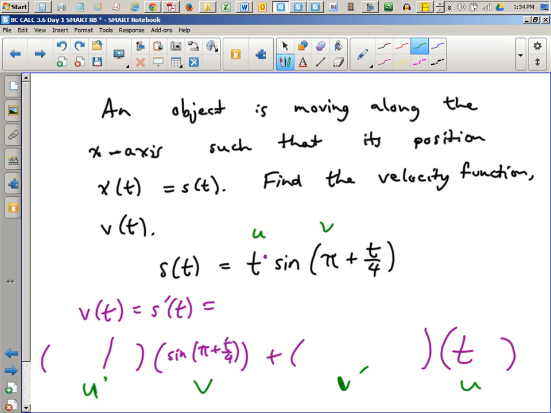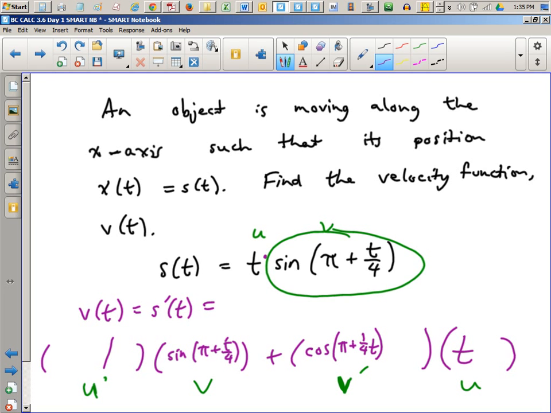So what is v prime? Well, v prime requires me to use the chain rule. So how do you see this? Sine of something. So we know for a fact that it's going to come out to cosine of that same something. So it'll be cosine of pi plus 1/4 t.